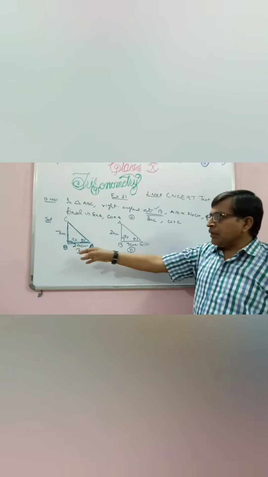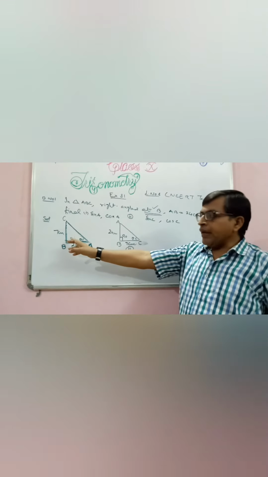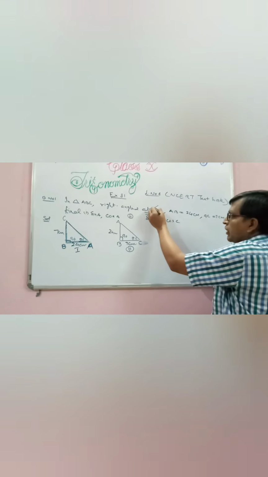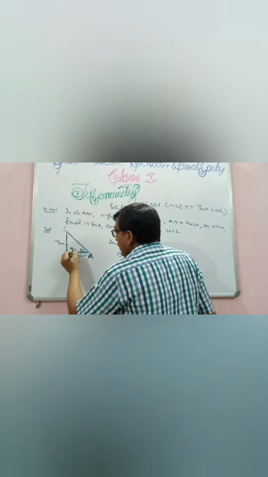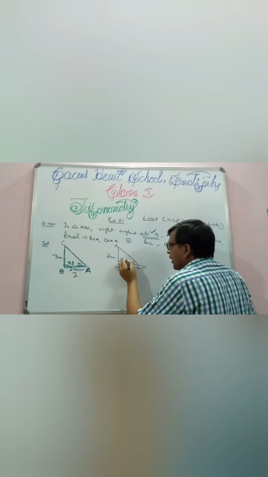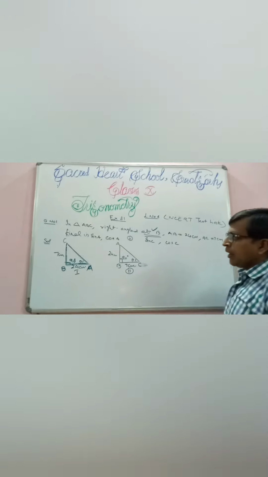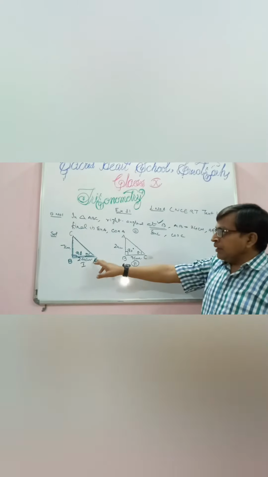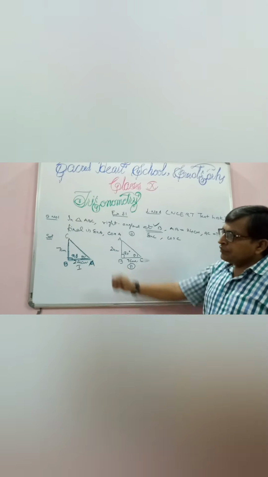When you start, in both triangles make angle B 90 degrees, because in the question it is written that B is the right angle. This is the first step. Now we check: AC is the unknown side.